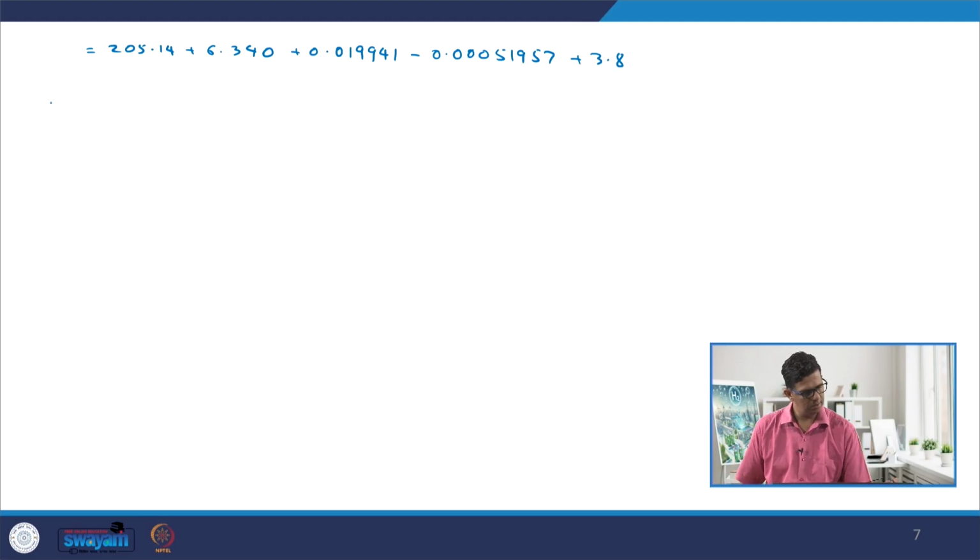So, this is the entropy of oxygen at 80 degrees, that comes close to 215.332 joules per mole per Kelvin.